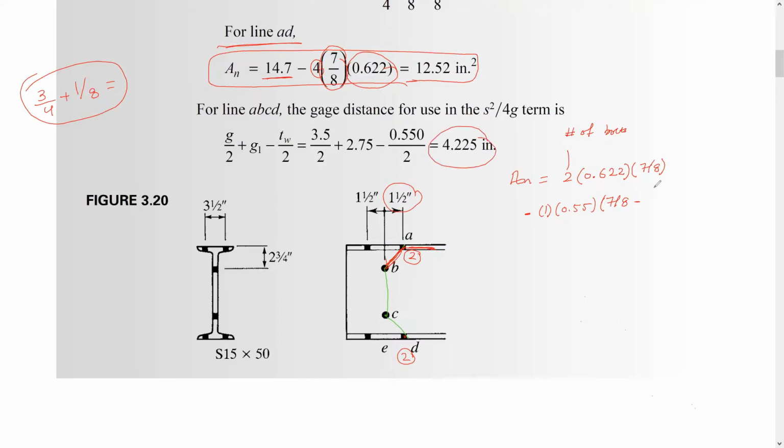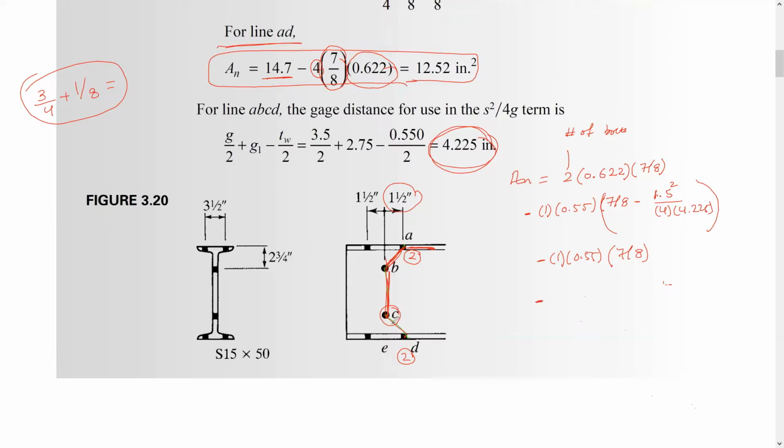So this one is going to be 1.5 squared divided by 4 times g, and g is this much as we calculated here. Okay, and we still have a bolt here, so minus 1 bolt times the thickness of the web, and thickness depends on where you are, times 7/8, which is the diameter for the hole. This is straight, we don't need to do this part.